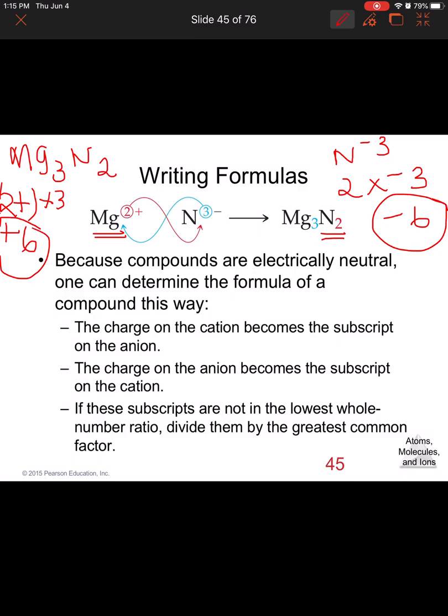And if these subscripts are not in the lowest whole number ratio, we're going to divide them by the greatest common factor. For example, magnesium oxide. Magnesium is in group 2 and makes +2, and then oxygen, group 6, makes -2.